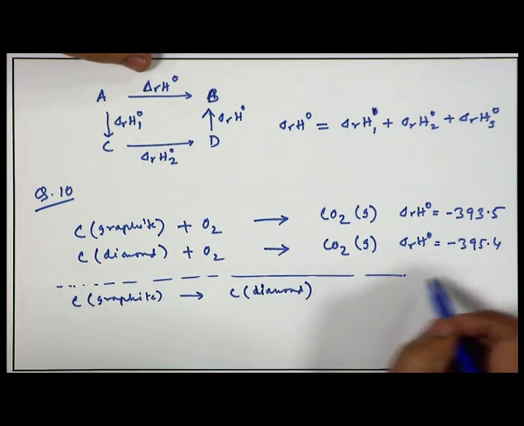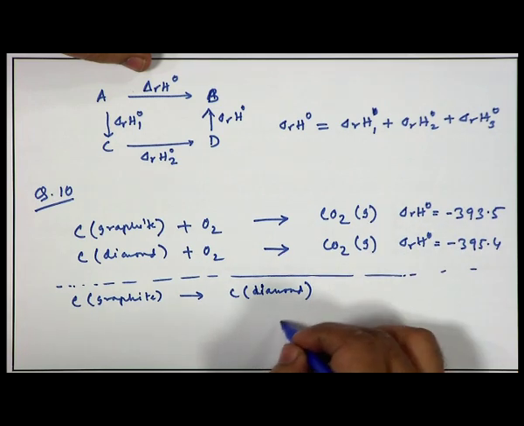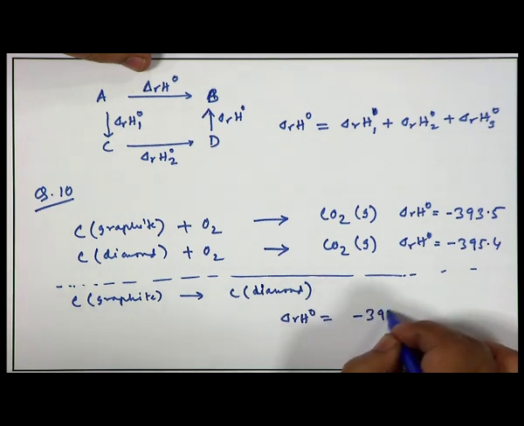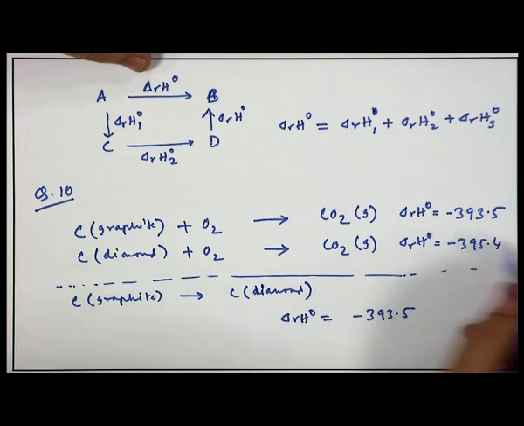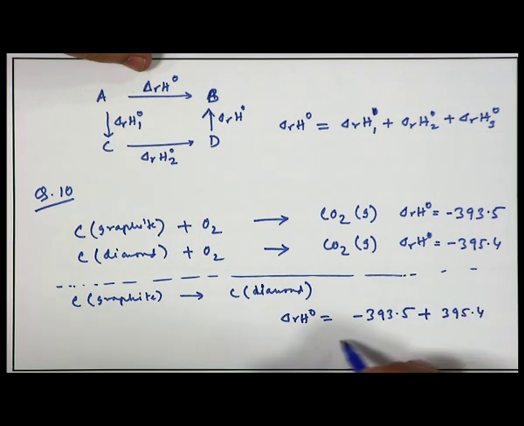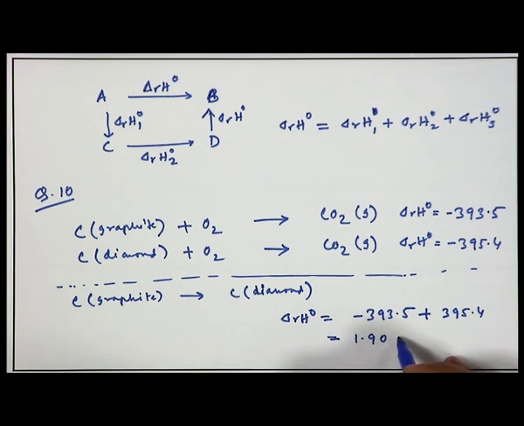So, again summing up, delta H for this particular reaction would be minus 393.5 and adding the reverse one, basically 395.4, which will turn out to be 1.90 kilojoule per mole. So, this is the example of Hess's law that we are applying.